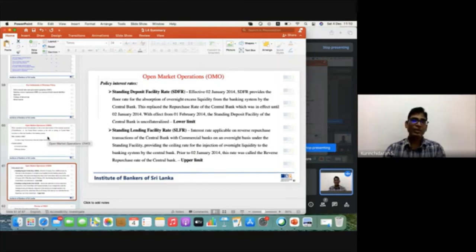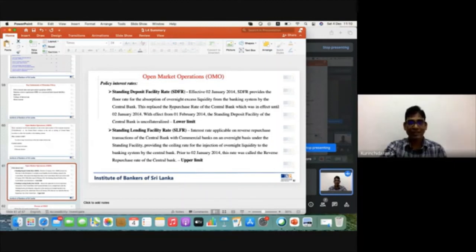If a bank wants to have deposits with the central bank, the rate will be given like this, SDFR. As I discussed earlier, this replaces the repurchase rate of the central bank, which was in effect until 2 January 2014.